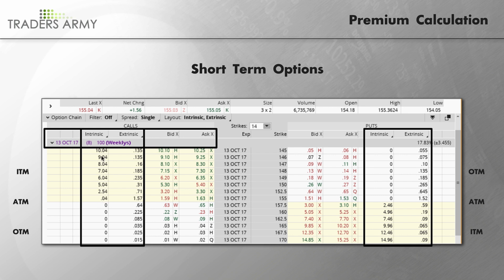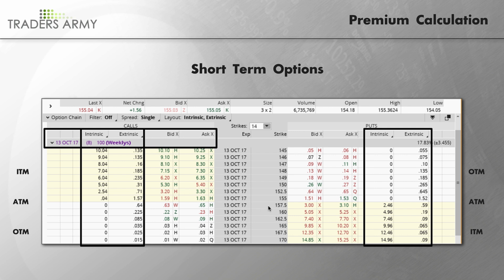of intrinsic value. Okay, so I've actually loaded up the intrinsic and extrinsic value in these columns so you can see that as you go deeper in the money on the call options, these are highlighted in yellow here, deeper in the money call options have more intrinsic value, that's your real equity, and they have lowering or less extrinsic value.